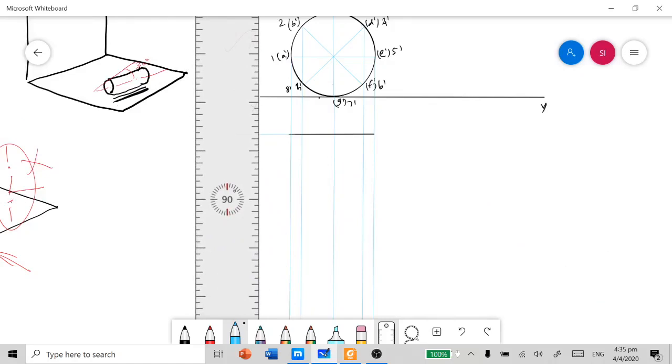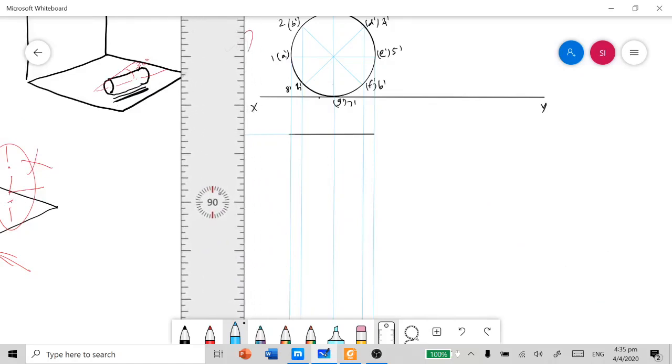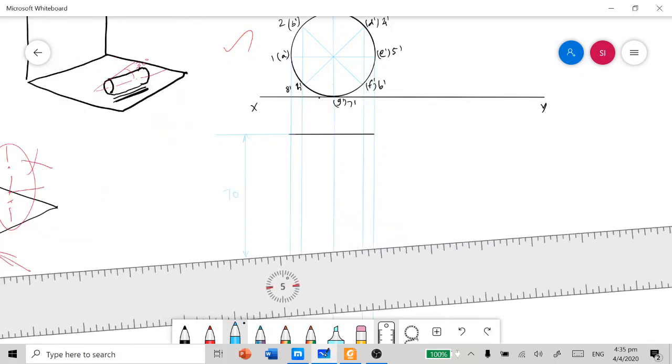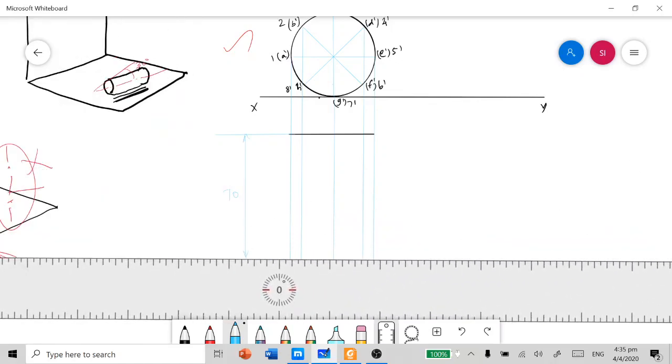So at the span of 70 mm, we can complete our lateral view.